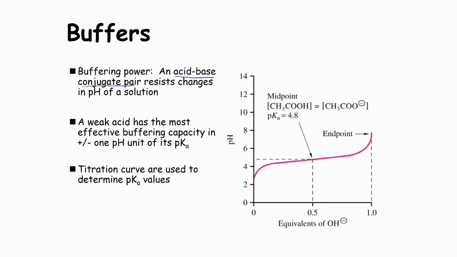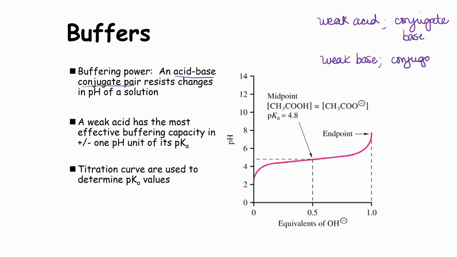So you could have a weak acid and its conjugate base, or you could have a weak base and its conjugate acid. In the next slide, we'll practice that relationship again.